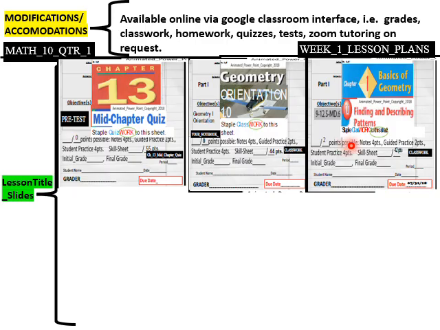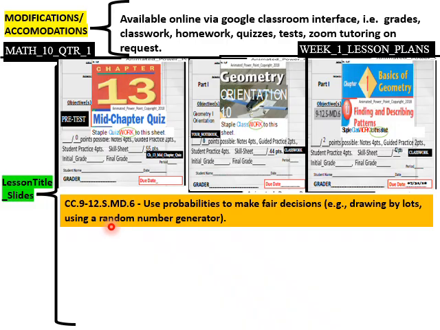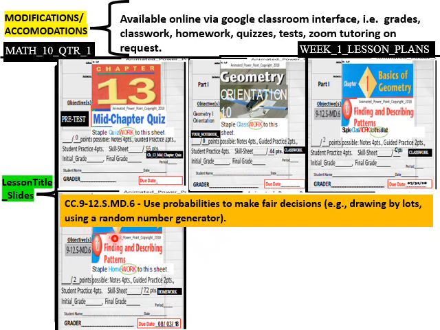And then after our orientation, we go into 1.1, finding and describing patterns, 42 points of classwork, 2 points of note-taking, and then the standard for this part of week 1 is Common Core 9 through 12, S.MD.6, use probabilities to make fair decisions. That is drawing by lots using a random number generator, and then finding and describing patterns.